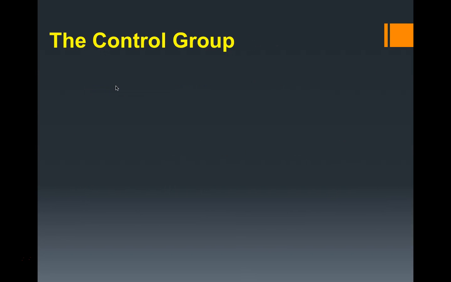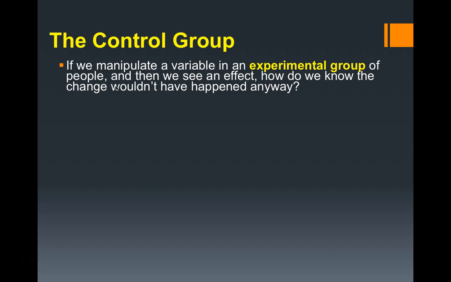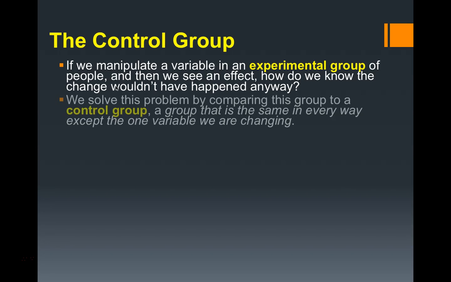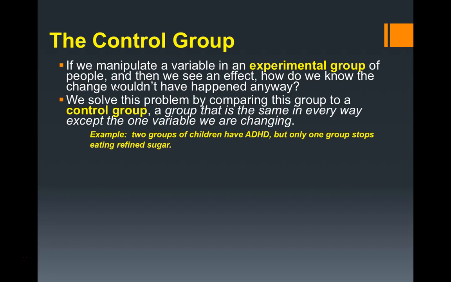So let's look at the control group. If we manipulate a variable in an experimental group of people, and then we see an effect, how do we know the change wouldn't have happened anyway? We solve this problem by comparing this group to a control group, a group that is the same in every way except the one variable we are changing. So for example, take two groups of children who have ADHD.